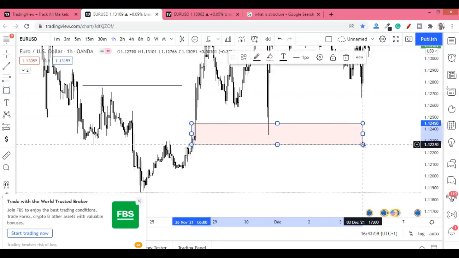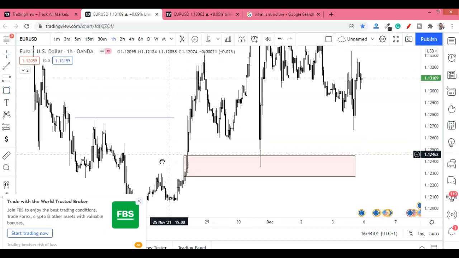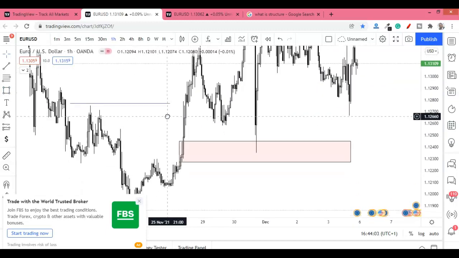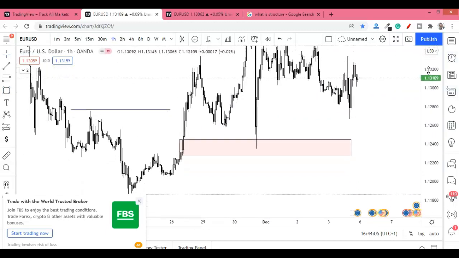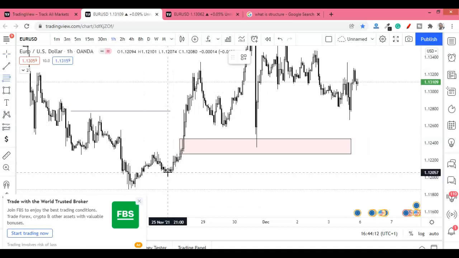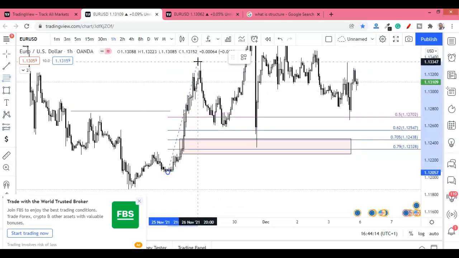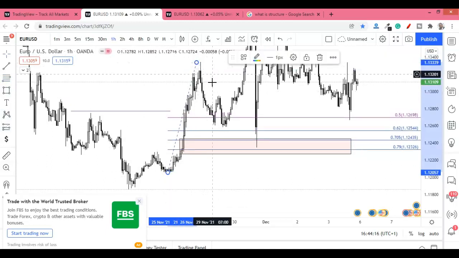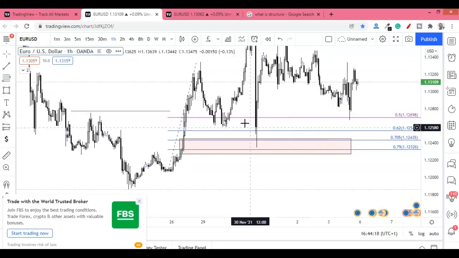This is an hourly IPA. Now the last range that broke the structure is from here to here. You can see the 50% level is here.